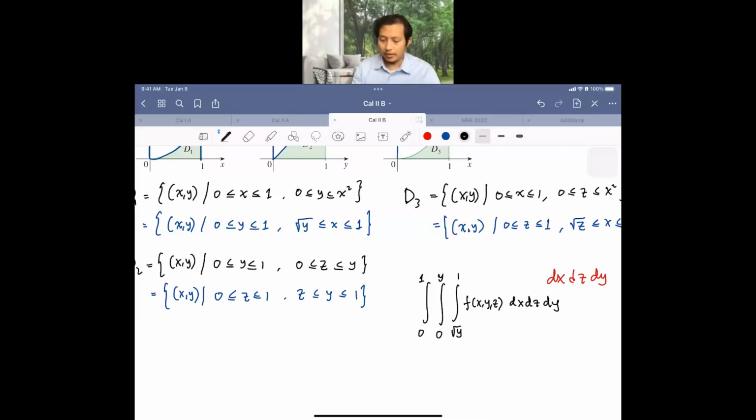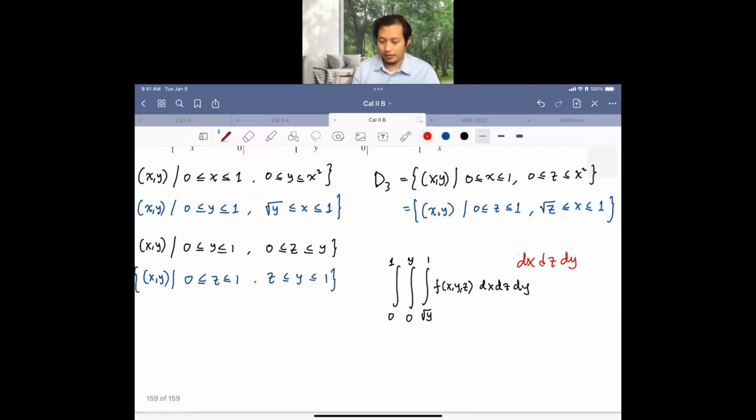Okay, now the last one that we need to achieve is dy, dx, and dz. So dz is 0, 1. Let me write first. So dz is 0, 1. And then dx is going to have square root of z to 1 from here.